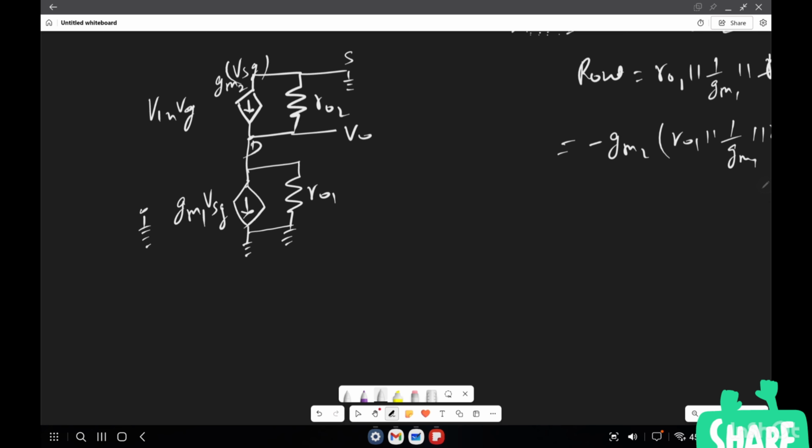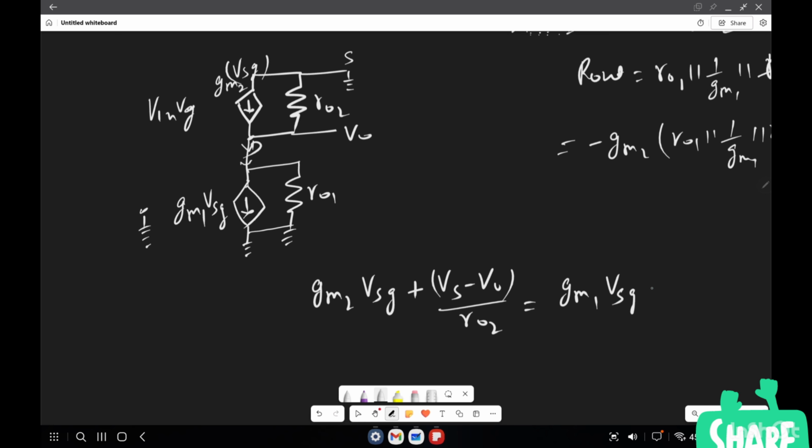Now the gate of this second MOS, gm1, is grounded. So how can you calculate from here? Current from the top is equal to the current in the second path. The current from top is gm2 into VSG plus (Vs minus Vo) upon ro2, equal to gm1 VSG plus Vo upon r1, where this terminal O and this is ground.